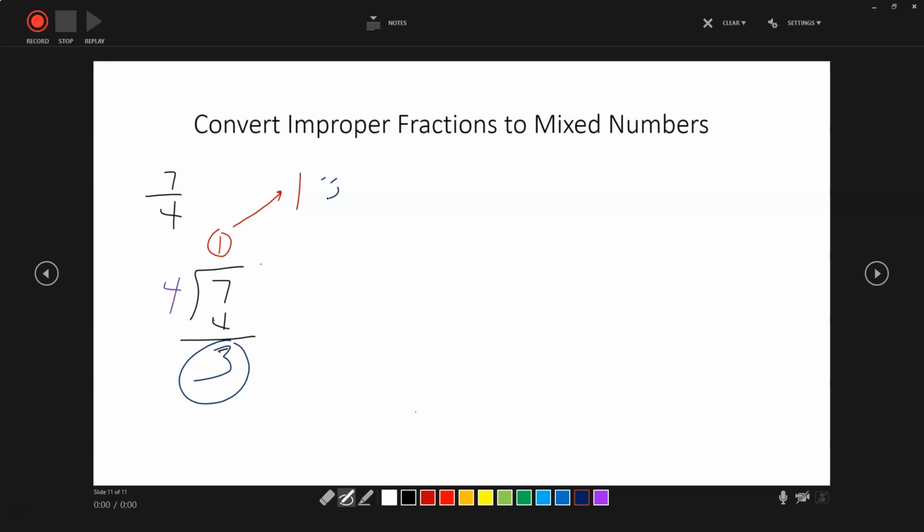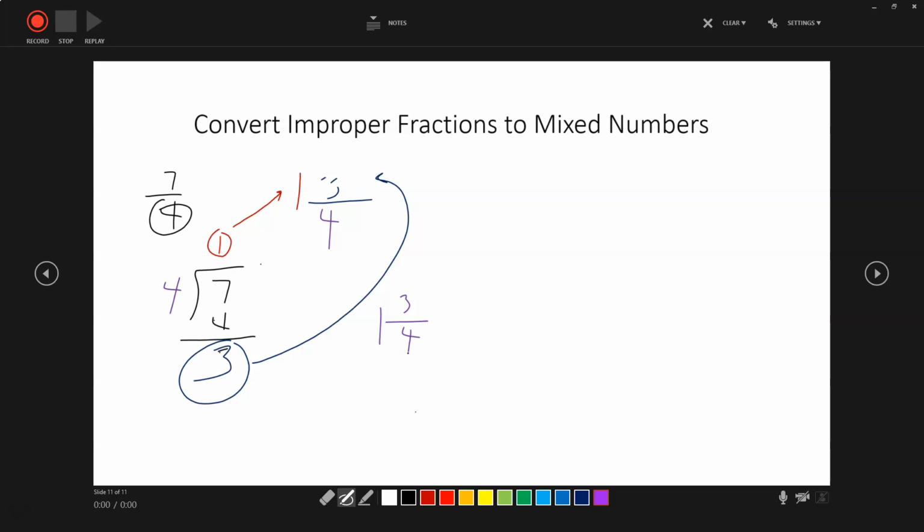That should be a 3. So that's your numerator. And then our denominator, we're working with fourths, so we're going to write 4. So 1 and 3/4 would be our mixed number.